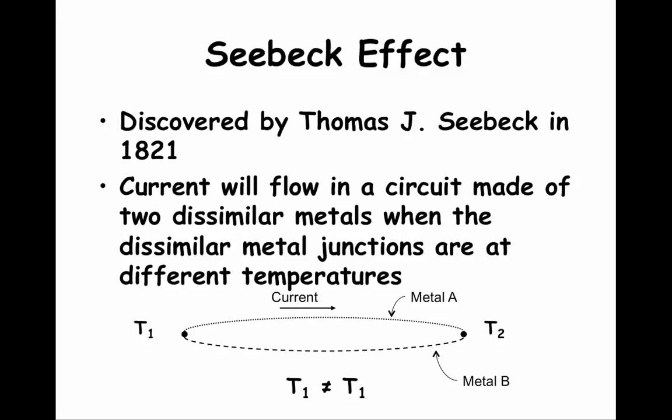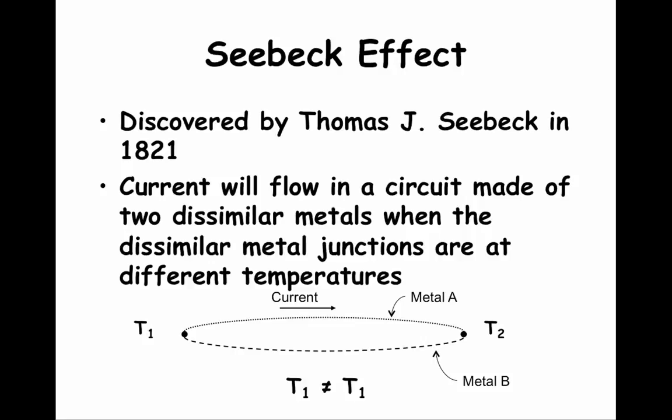Let's begin with a bit of information about the physical principles behind thermocouples. The first principle is called the Seebeck effect, discovered by Thomas Seebeck in 1821. He discovered that a current would flow in a circuit made of two dissimilar metals when the two dissimilar metal junctions were at different temperatures.